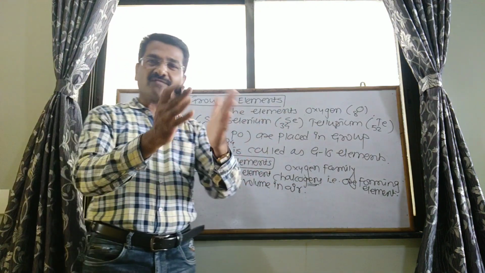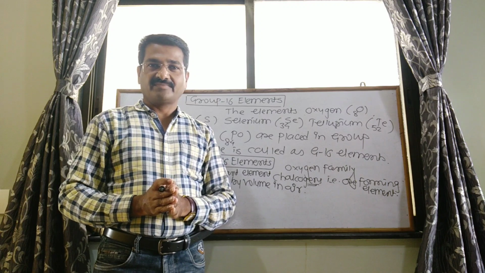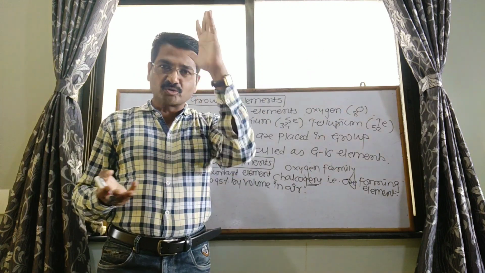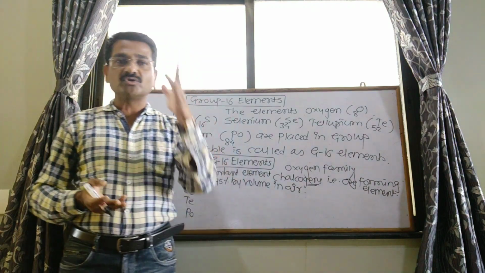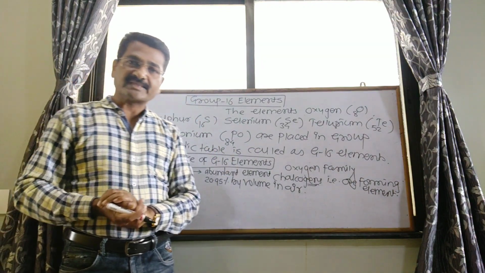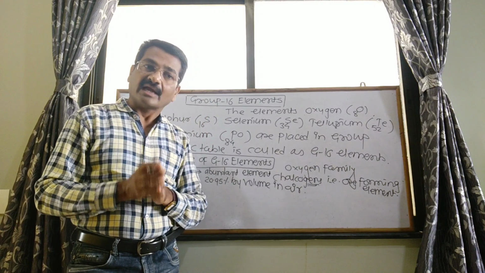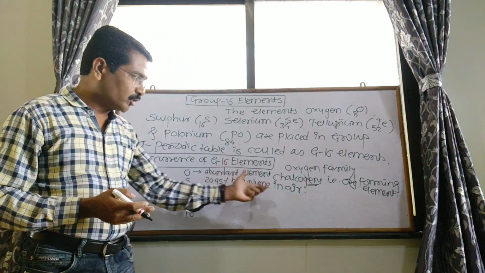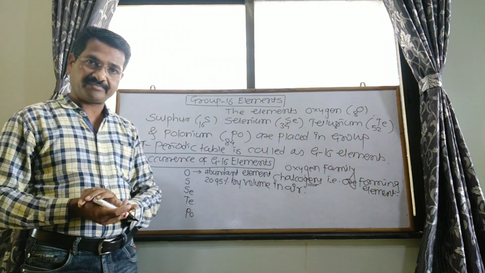This is a rich source of oxygen. Generally, we know that in the atmosphere nitrogen occurs in the largest amount, nearly 78%, and oxygen is 21% by volume in air.